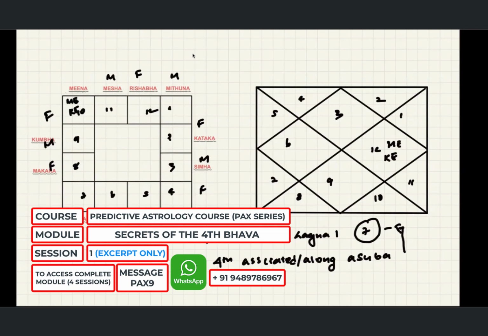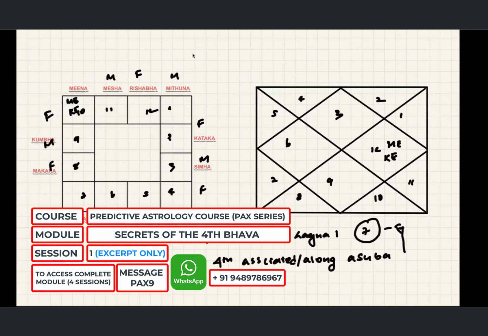So immediately what you can predict, this boy was so-so, this girl was so-so. You know how she was before marriage? You know how this boy used to look? But after marriage, what has happened to this girl? This girl looks beautiful. This girl looks wonderful. What has happened to this boy? This boy looks so handsome. This boy looks so dashing after marriage. So this is the way you need to connect the karakatwa of the bhava with a graha and most importantly a bhava.